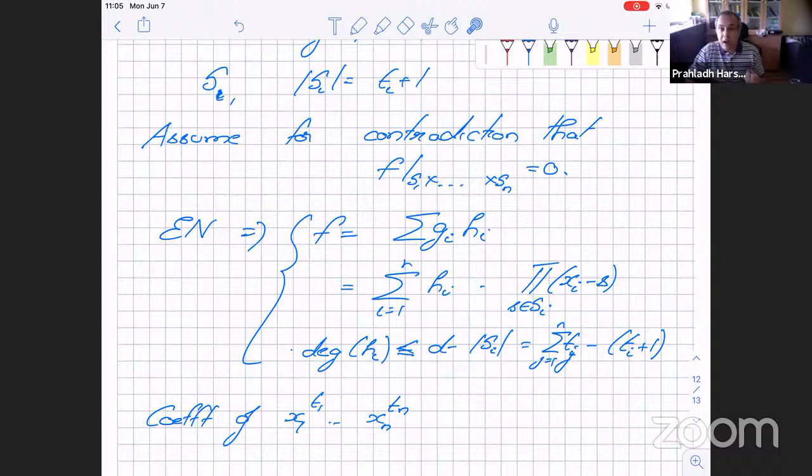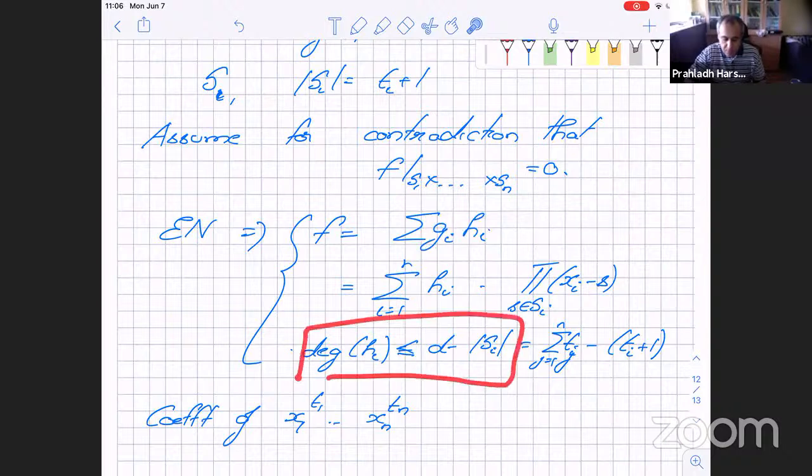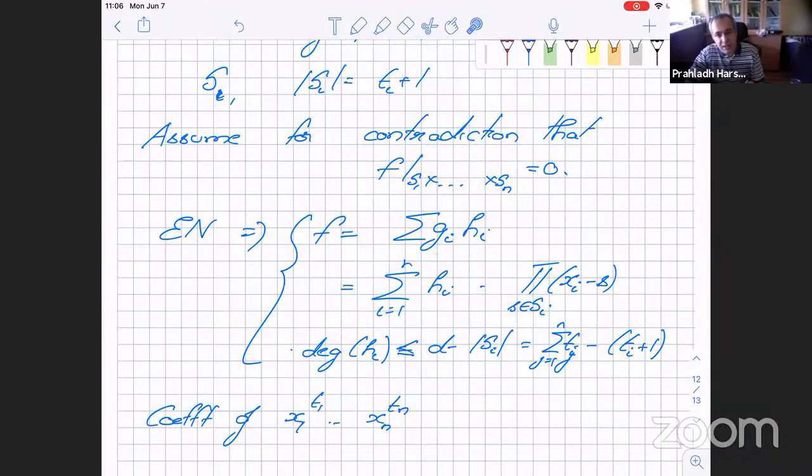This is the largest degree in this. And we know that to get the largest degree, you have to pull out the largest degree term from gi and the largest degree term from hi. If you don't pull them out, the degrees are smaller because of this condition. But what is the largest degree from gi? What's its power?